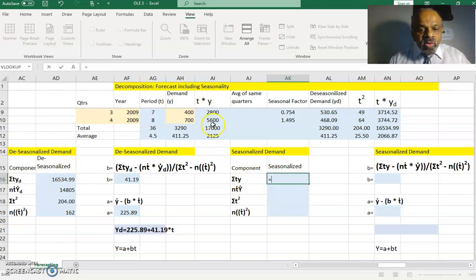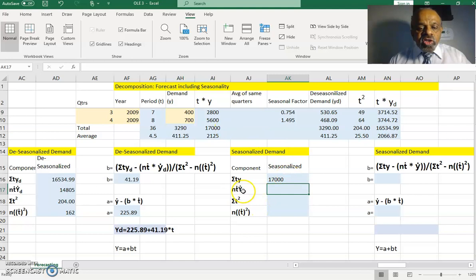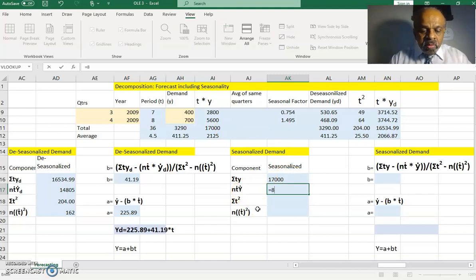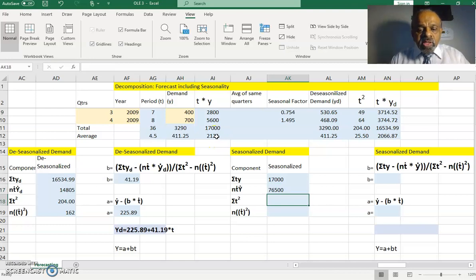This one here, the sigma TY is 17,000. N times T average times Y average: N is 8, T average is 4.5, Y average is 2125, which gives 76,500.